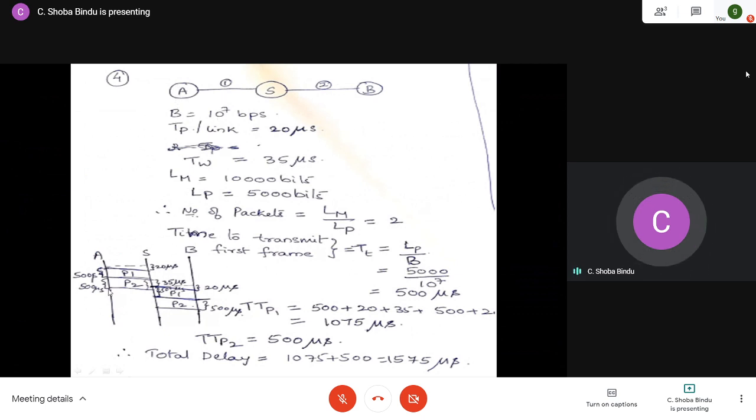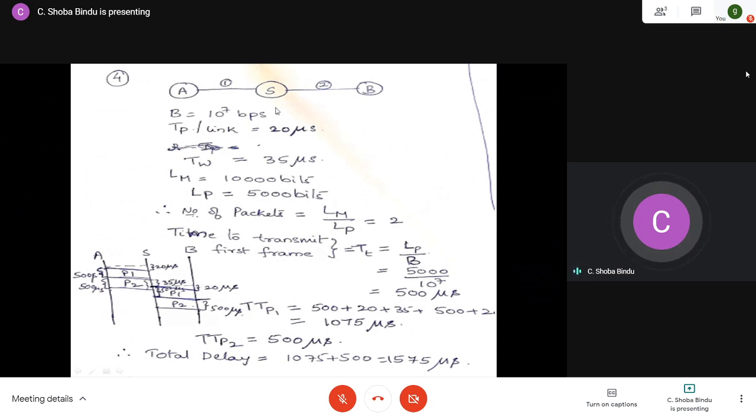So with a delay of 500 microseconds, A starts forwarding the second packet. These are all being done in parallel.